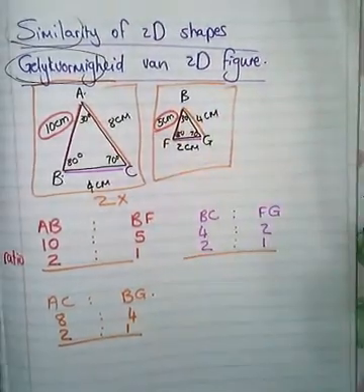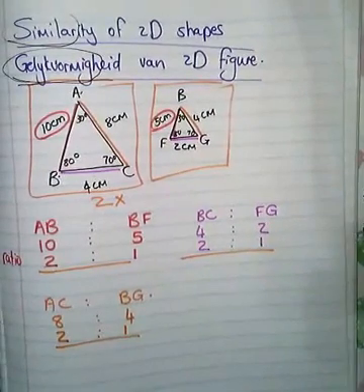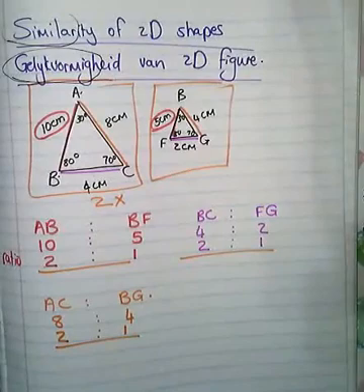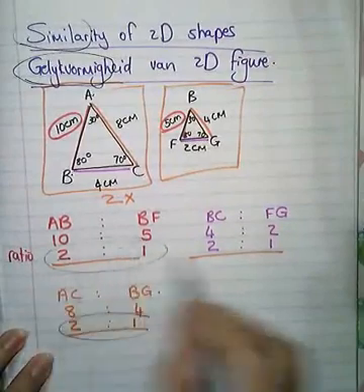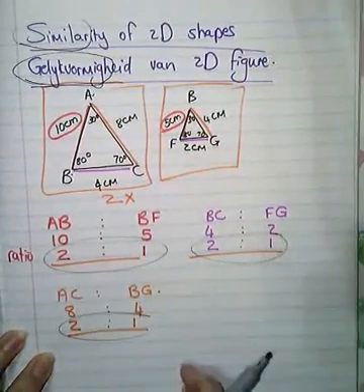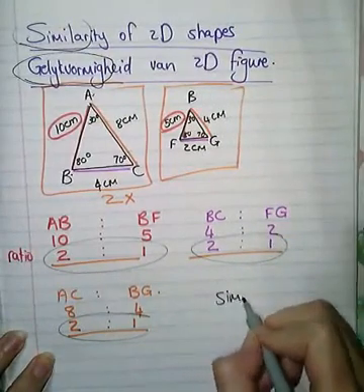So if we have a shape, in this case a triangle, where all the sides are in exact proportions. So if we take the ratio of the sides, the ratio of all the sides are exactly equal, then those two shapes are similar. Okay.